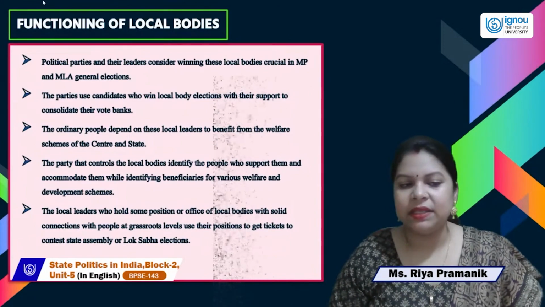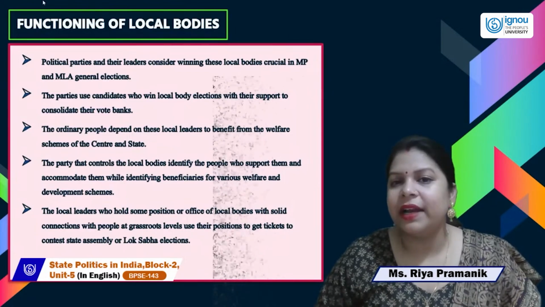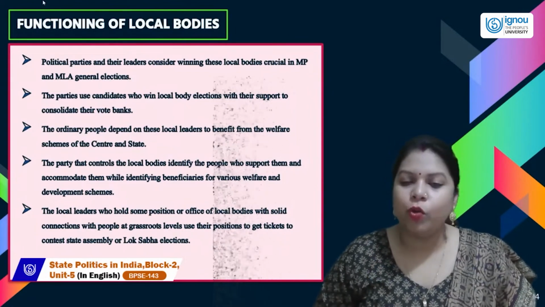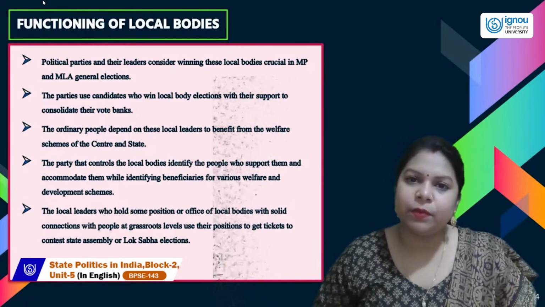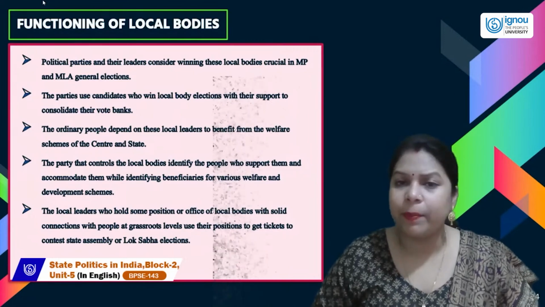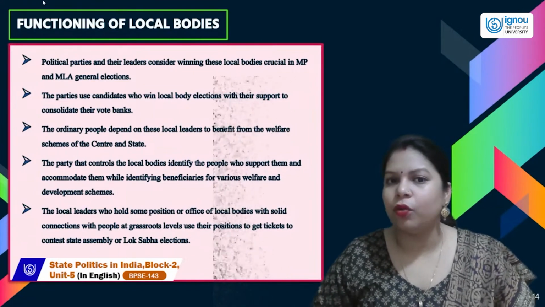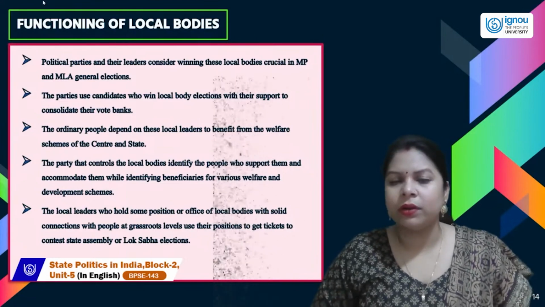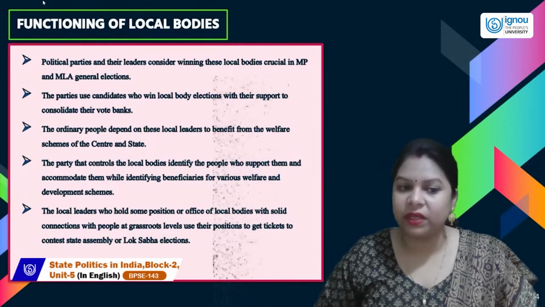So what happens is, the party controlling the local bodies identifies the people who are accommodating and supporting them in their purpose, and when they share the beneficiaries of the central government or the welfare and development schemes, they particularly give those benefits to the persons who are supporting them. So this is one of the major drawbacks that Indian local body government is facing.